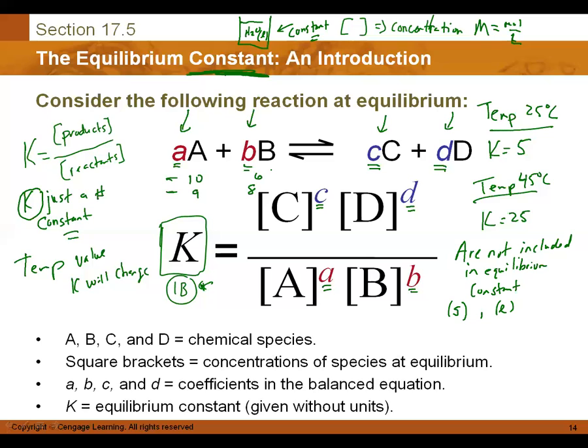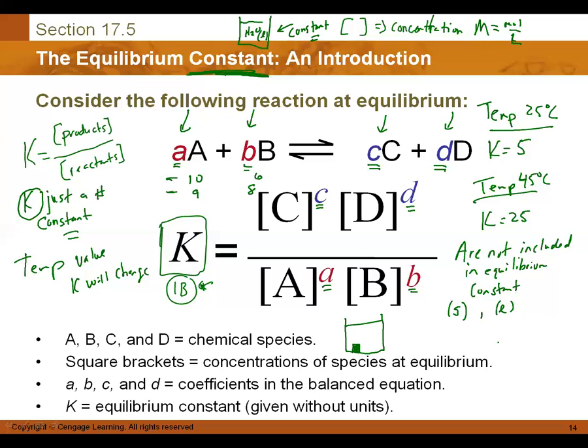The other thing is a solid is not included, and kind of for the same reason. If you have a solid, it's just kind of sitting there on the bottom, and in its solid state, it's really not participating very much at all. In order for it to participate, you would have to dissolve the solid.